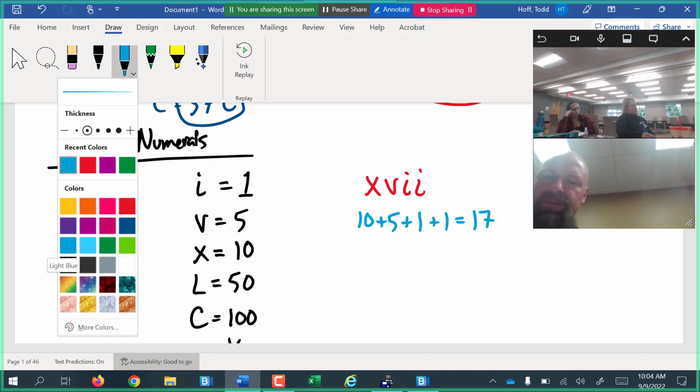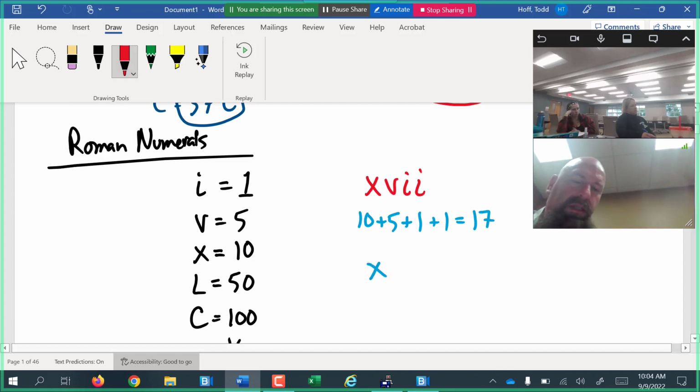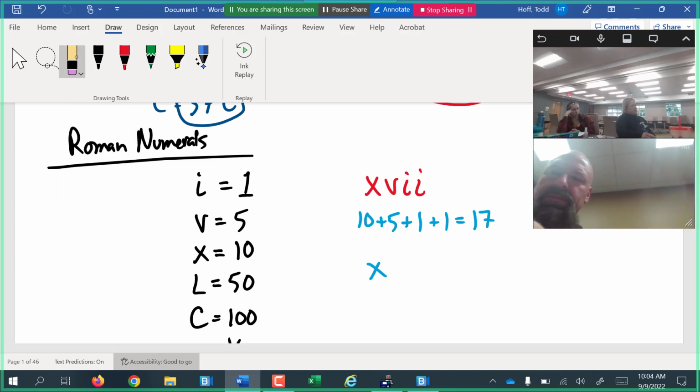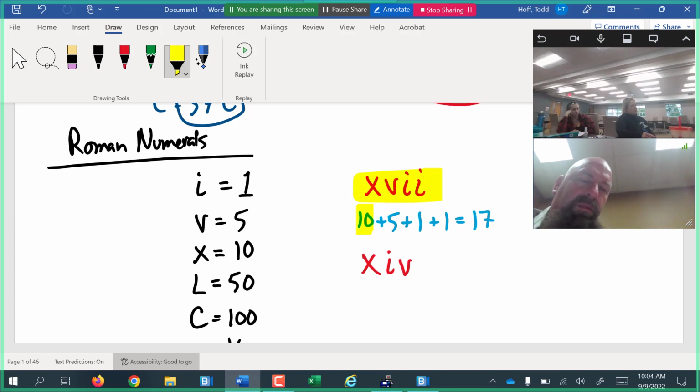If I give you the symbols XIV, that looks similar, but the big difference is that here, all of our symbols went from largest value to smallest value. When there is a smaller valued symbol in front of a larger valued symbol, here I is a 1 and the V is a 5, that is subtracting.